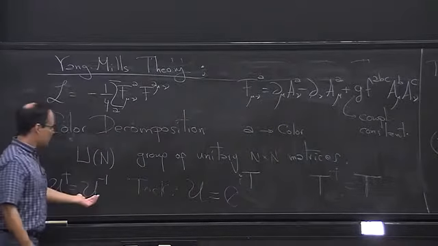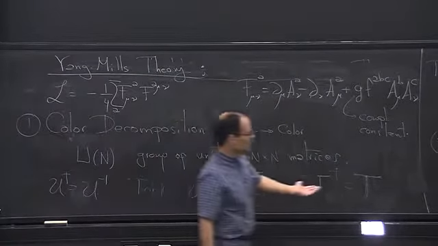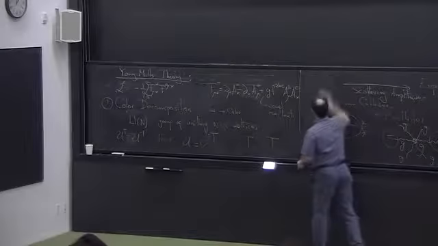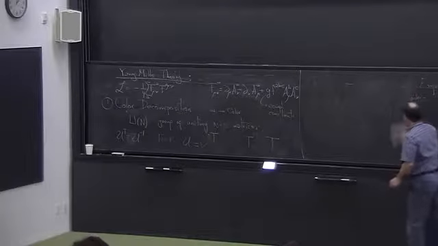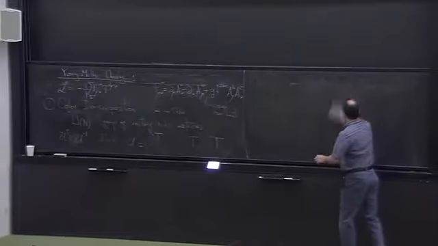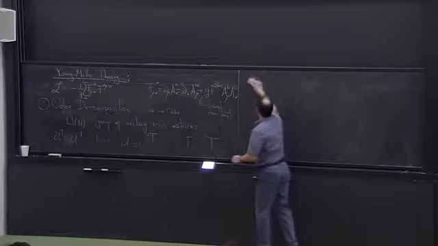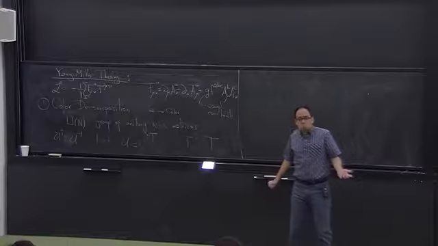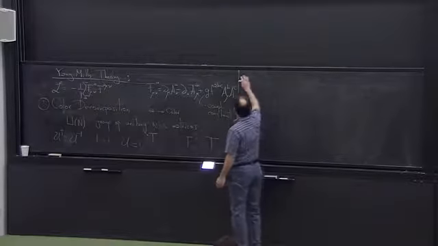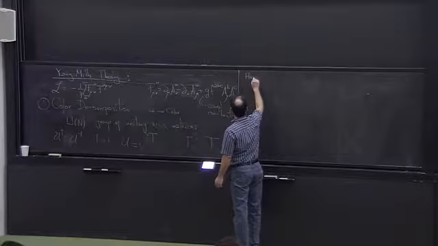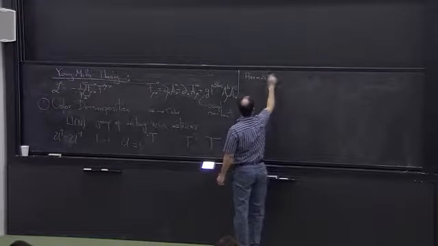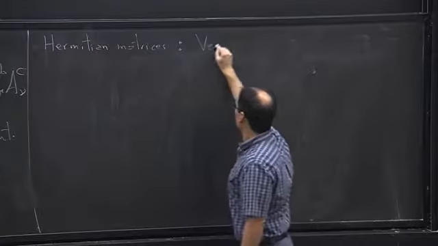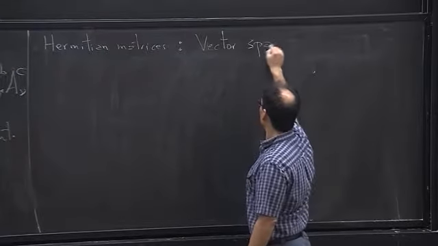So instead of studying this space, which looks complicated, we're going to study the space of Hermitian matrices. Now, we're going to think about the space of Hermitian matrices as having a natural vector space structure.